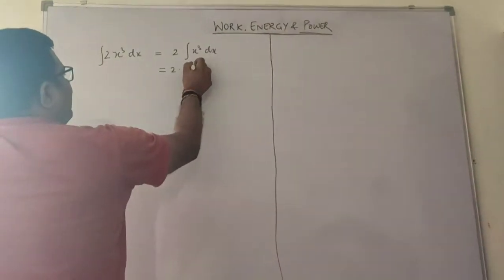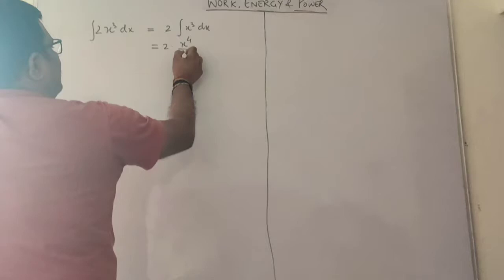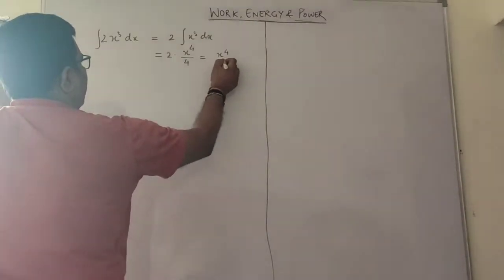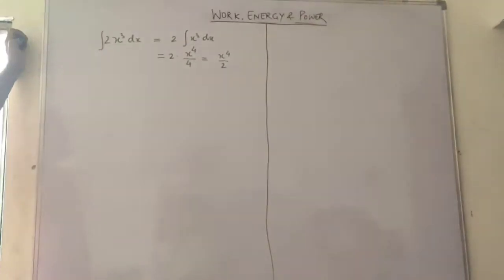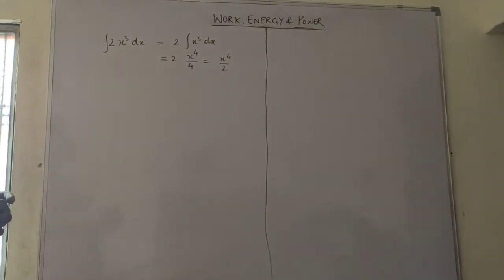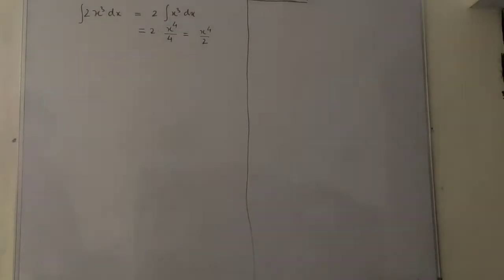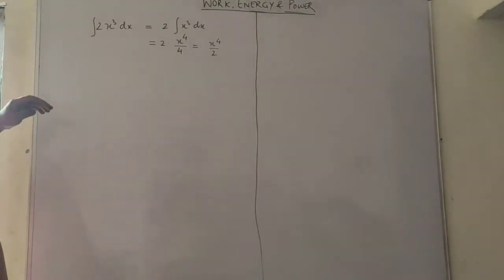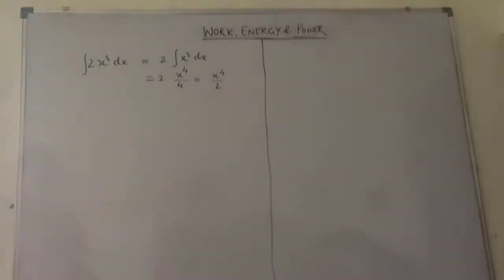The power will increase and go to the denominator, so it will be x power 4 by 4, times 2, which gives x power 4 by 2. This is the answer. We are not using the constant of integration because that requires certain conditions which we are not going to follow in physics. Whenever necessary, we will use that also.